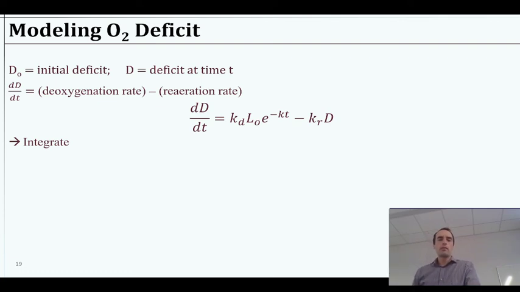From the equations we just looked at, this is kd times L naught times e to the minus kt, and this guy is minus kr times D. Because we're looking at the deficit, what's missing is the deoxygenation minus the reaeration. So it's kind of a weird way to look at it. That's the way it is.